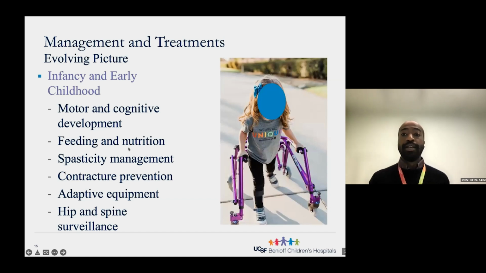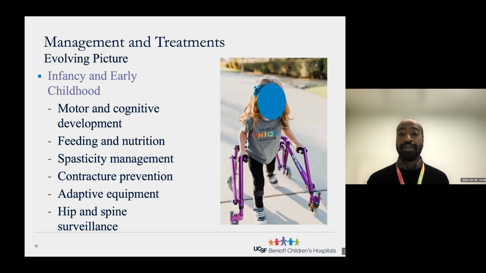As I mentioned, cerebral palsy, though a static injury, has a clinical picture that evolves over time. So thinking about management principles for infancy and early childhood, we focus on motor and cognitive development, acquisition of developmental skills, and feeding and nutrition, because of hypertonicity and poor feeding, these kids can need nutritional support.